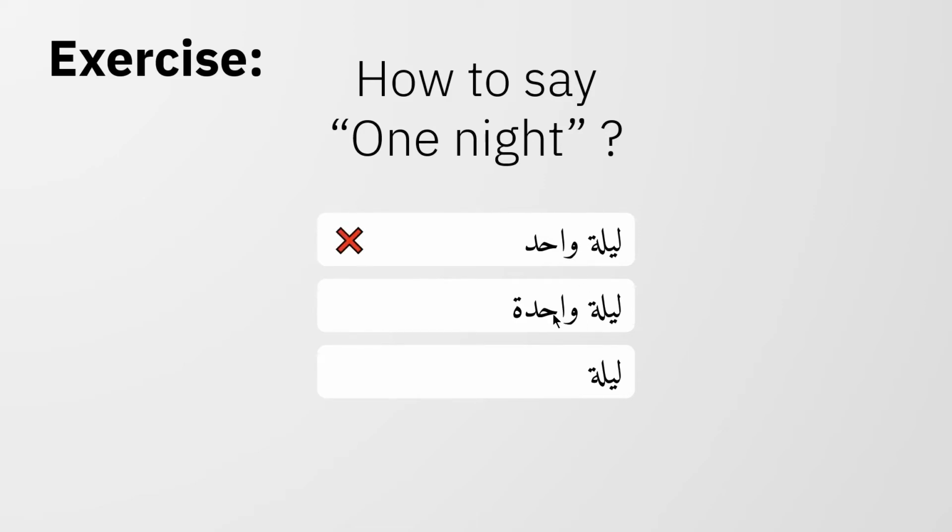Is it ليلة واحدة? Yes, this is correct. Remember when we said that the gender of the number is dynamic, meaning its gender depends on the noun's gender? What about ليلة? It's also correct, as we have elaborated before. The noun by itself indicates singularity.